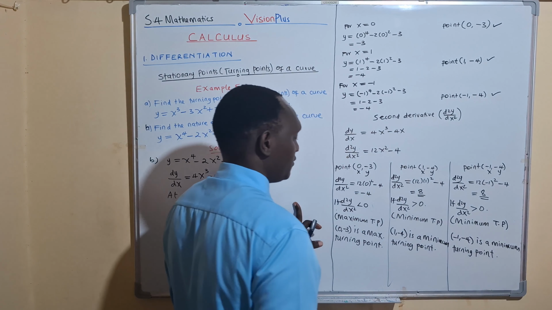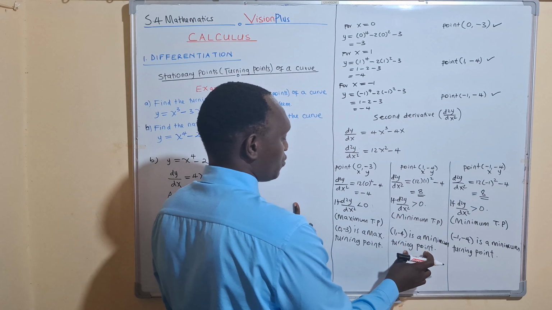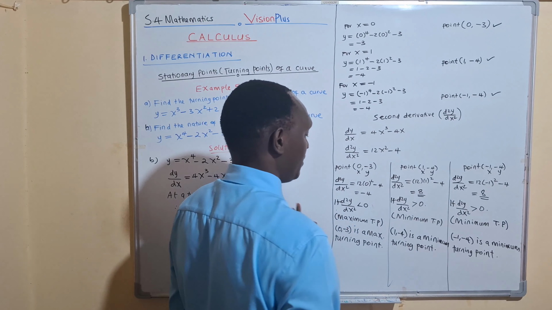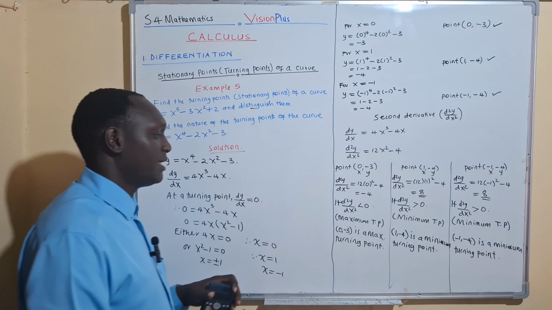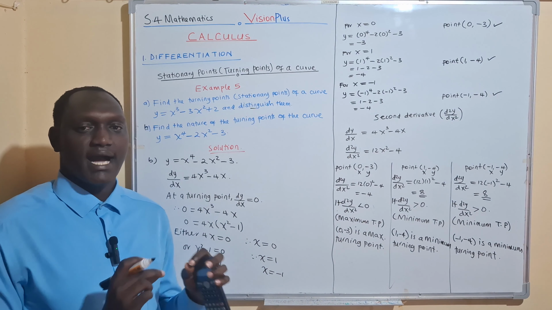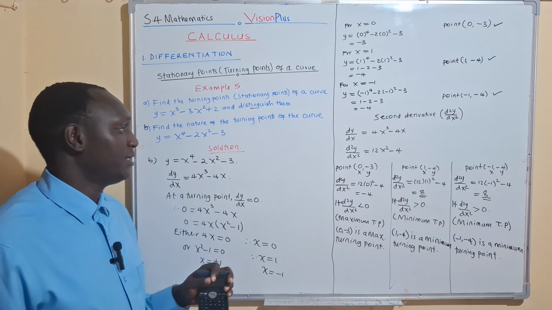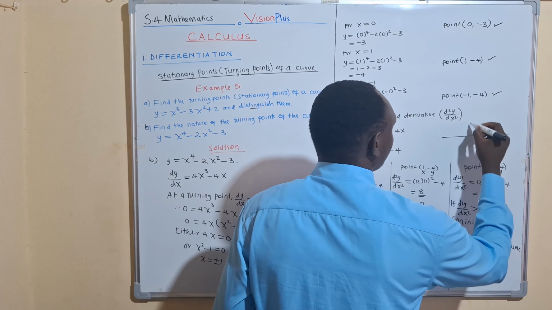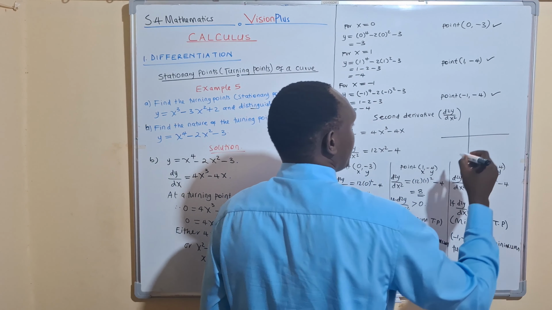Now, if we look here, we have two minimum turning points. This means that we have two minimum points at the same level. It is just something like this. Let me just assume this is my Cartesian plane.